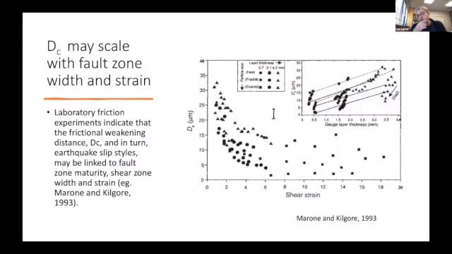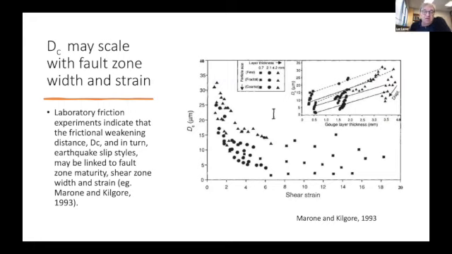And there's one kind of justification in the lab for that, which is the work by Maron and Kilgore in 1993, which shows that there is some scaling between the frictional weakening distance Dc and the thickness of the shear zone here.